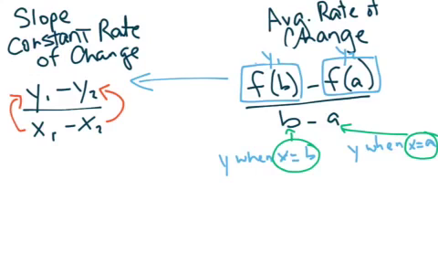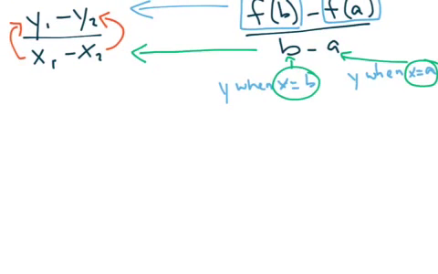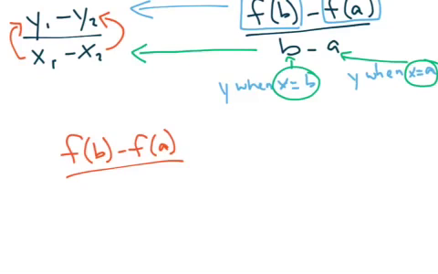So this b and the a down here on the bottom are just x values, which is exactly what's going on there. So, what I want you to be very clear about is f of b minus f of a is the exact same process as y1 minus y2 over x1 minus x2.